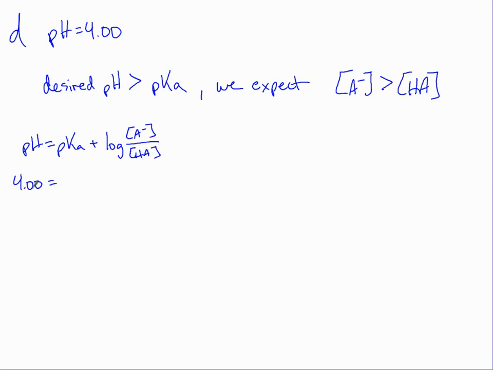So this is the pH we want. This is the pH, or excuse me, the pKa, plus the log of, and what do we know? We know how many moles of formic acid we start with.